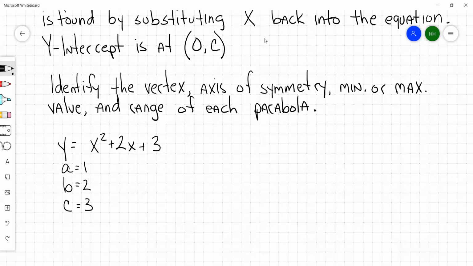So we need the vertex. First thing we need is x at the vertex. All right? X at the vertex is equal to the opposite of B divided by 2A. So in this case, we're going to have the opposite of B, which is 2, divided by 2 times 1.